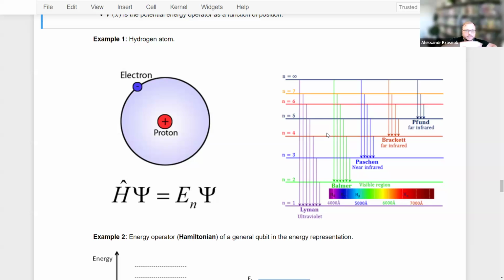Adding more particles leads to an increase in the complexity of this problem, exponentially. And this is one of the reasons why we need quantum computers, because then we would be able to check the quantum theory on other atoms, right?